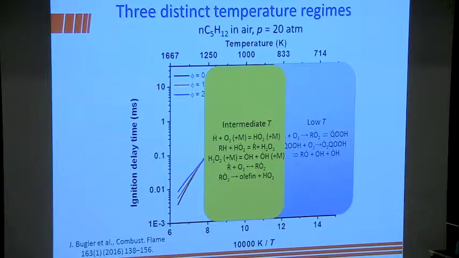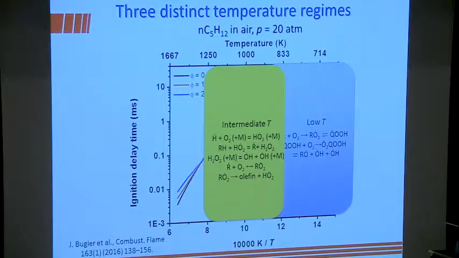So this is another route to HO2 formation. And then HO2 abstracts from a stable molecule, giving you H2O2, which gives you 2 OHs. Okay? So this is another important mechanism for HO2 formation at intermediate temperatures. It's not just H plus O2 plus M. It comes from fuel radicals.